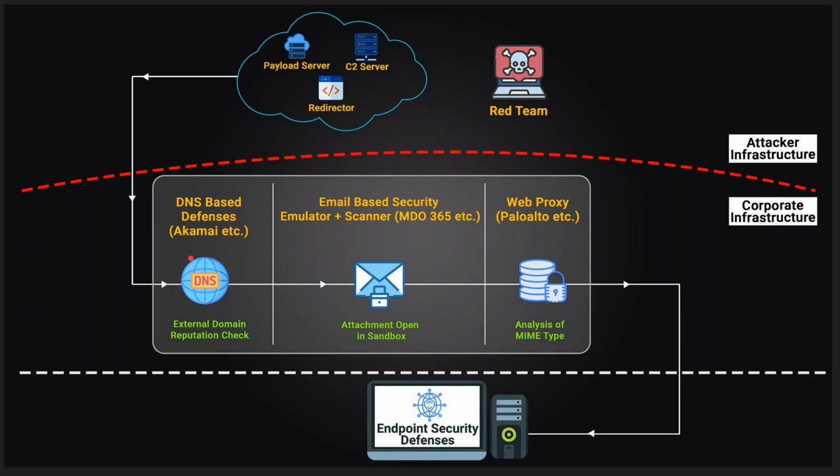So any website which has low reputation or which has been identified as malicious based on various threat intel feeds, etc., the request will automatically be blocked, or there will be an error page that will be shown to the end user. So this is one of the very common DNS-based defenses that is deployed across organizations.